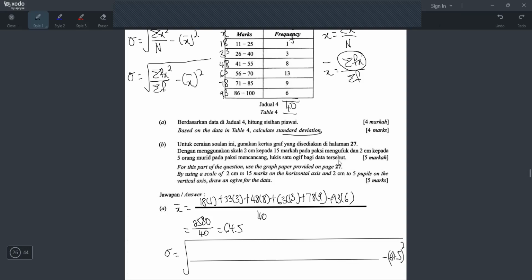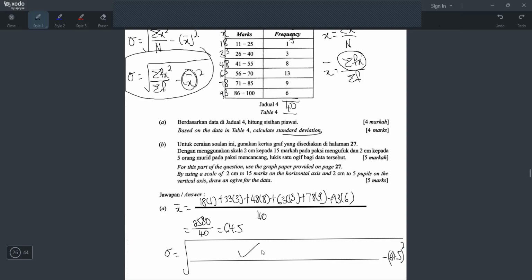Let me explain what I'm doing. The formula for standard deviation is the sum of frequency times x squared, divided by the sum of frequency, minus the mean squared. That is why I make one long line and then subtract the mean squared. So this mean is 64.5.